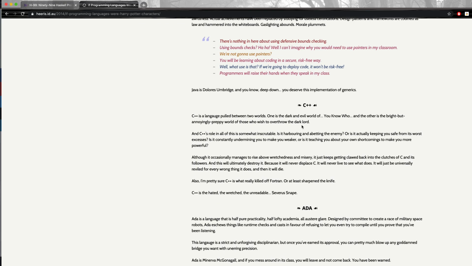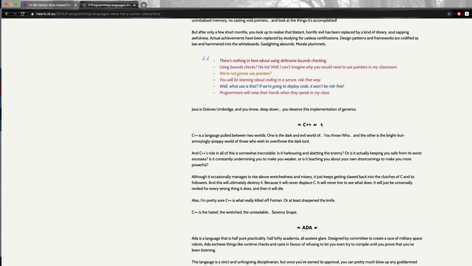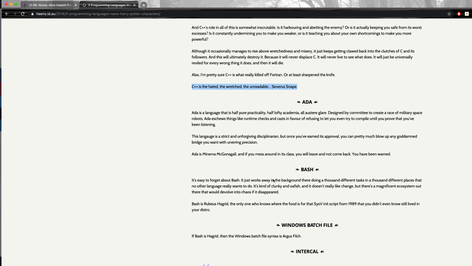And they assigned C++ to Snape. C++ is inspired from C, so technically Snape was inspired from Voldemort. He followed Voldemort, and it is easier to use and does good things, but it's hated a bit. So C++ is the hated, the wretched, the unreadable Severus Snape.